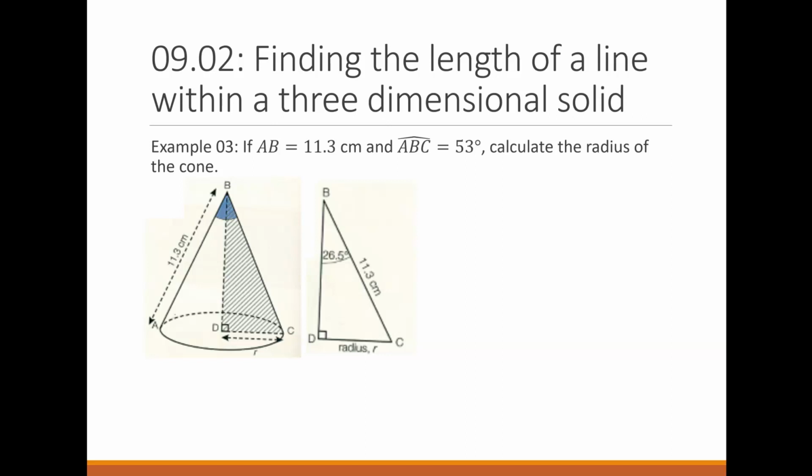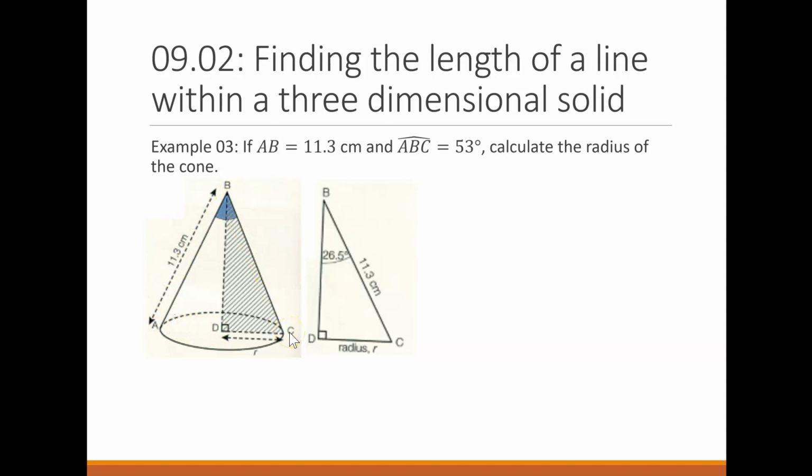What else is going on in this triangle? So in the triangle ABC, what kind of triangle is that? Isosceles.